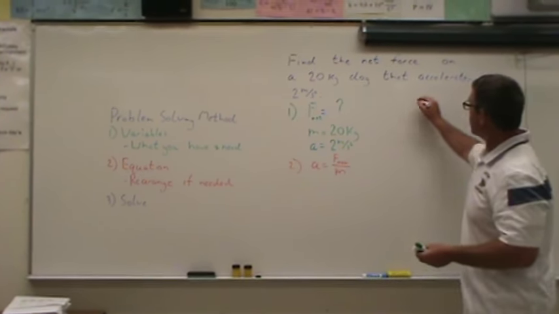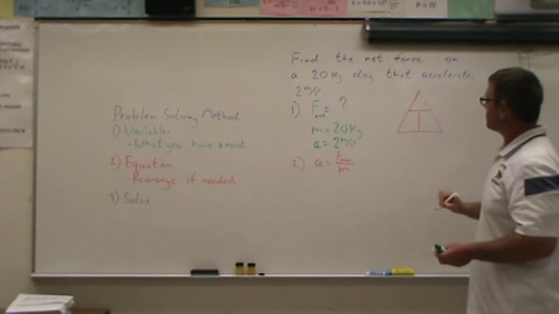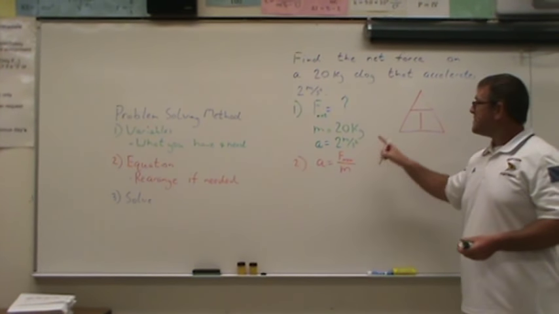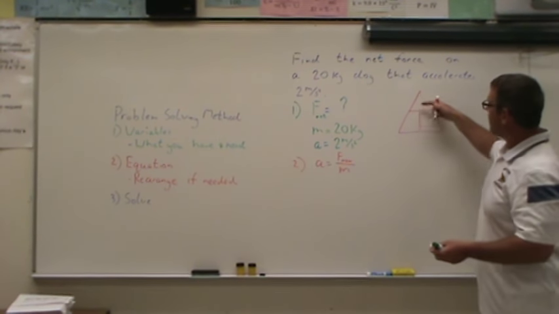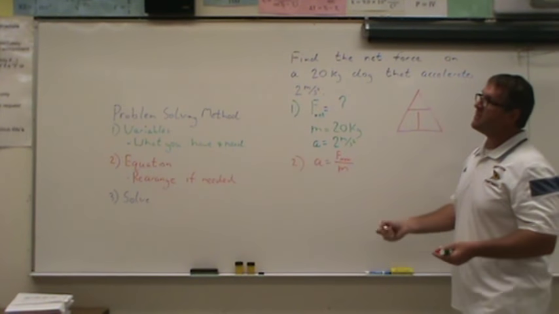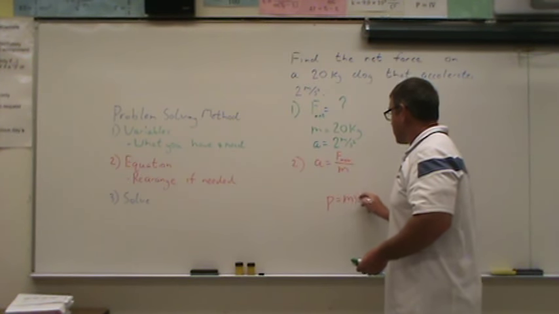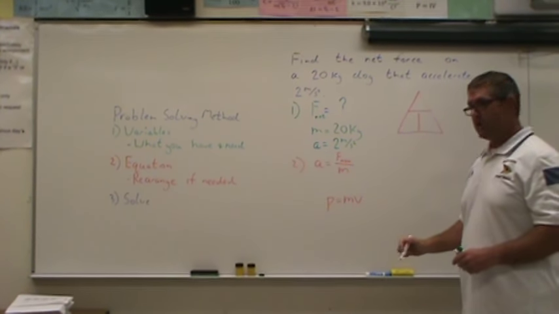The triangle trick: make a triangle. If you look at what the equation equals, that's what you put in the triangle. If it's above and below, you put it above and below the triangle. If it is next to, let's say in the equation P equals mv, m and v would be next to each other in the triangle.